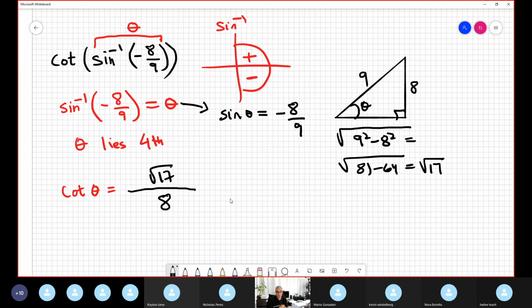Okay, this is the value. But is the sign positive or negative? It's negative, because theta lies in the fourth quadrant. And this is the final answer.